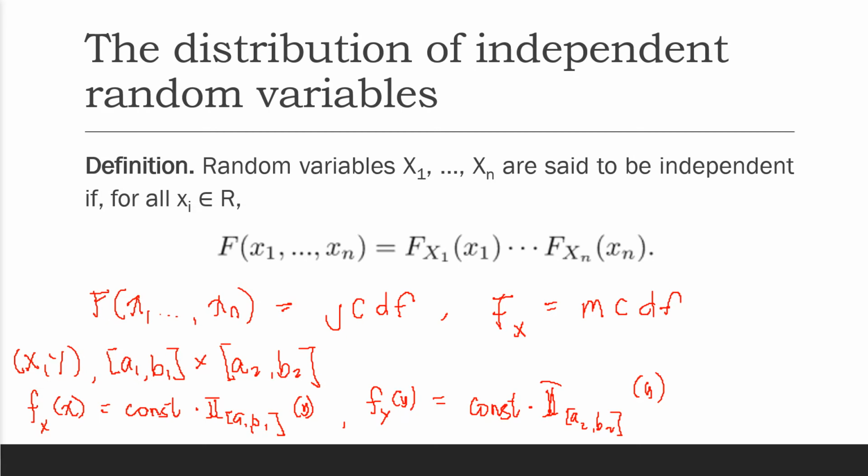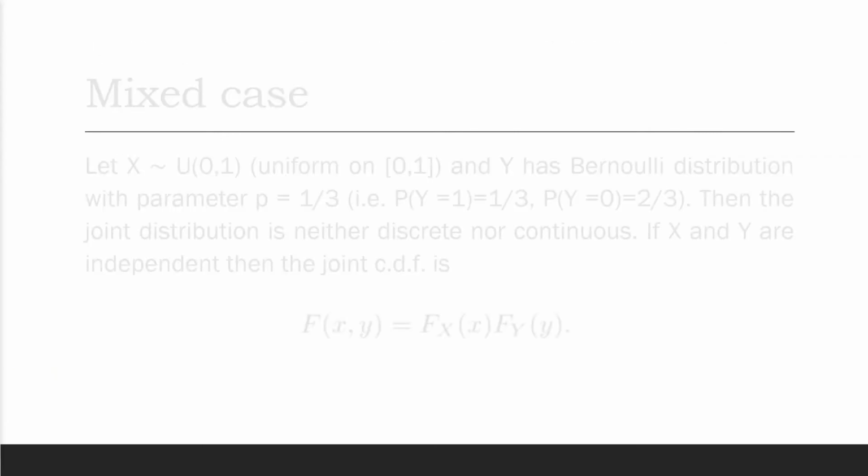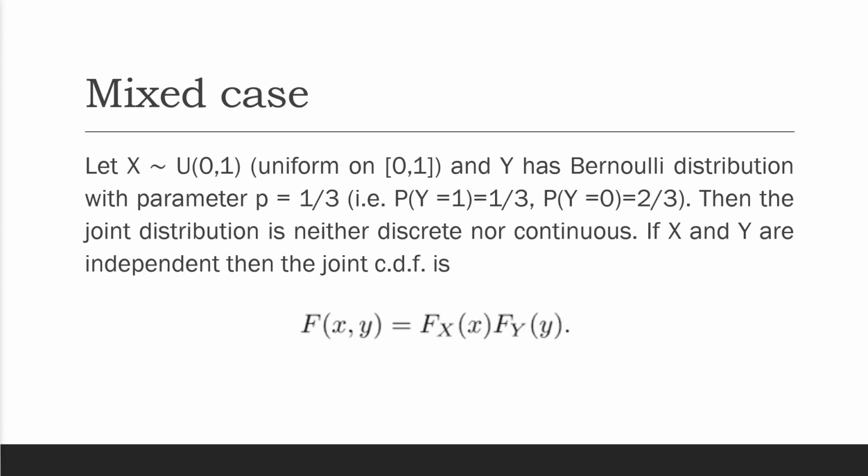Okay, so let's have a mixed case. Let x be uniformly distributed on the closed interval [0, 1], and y have a Bernoulli distribution with parameter p equal to one third. So the probability of y equals 1 is one third, and the probability of y equals 0 is two thirds.